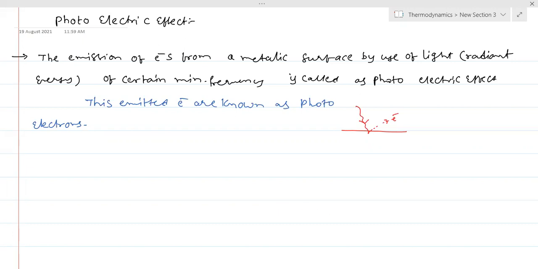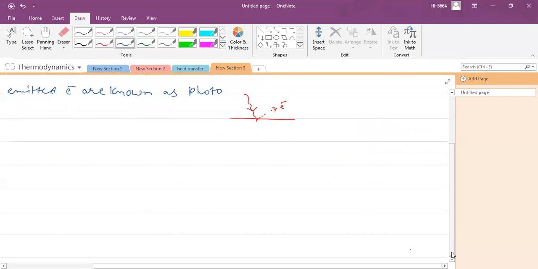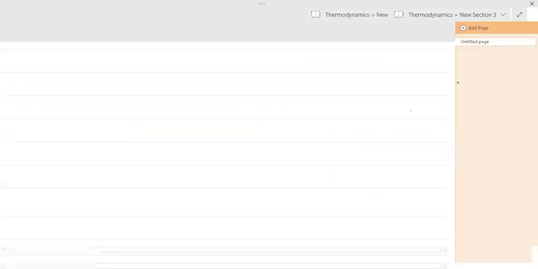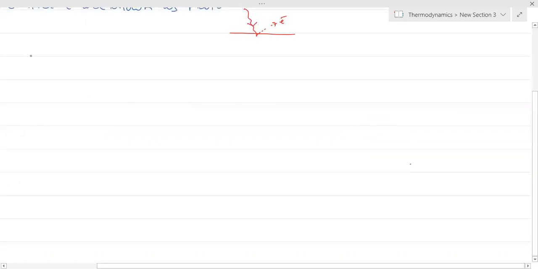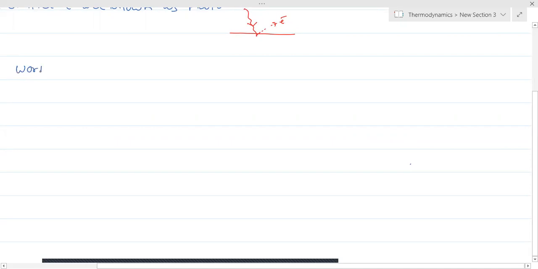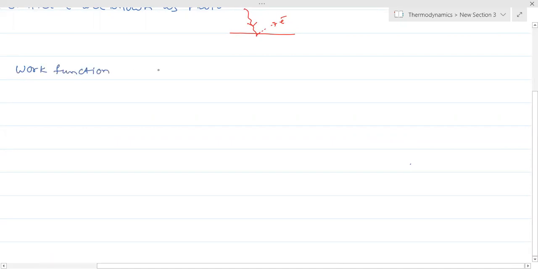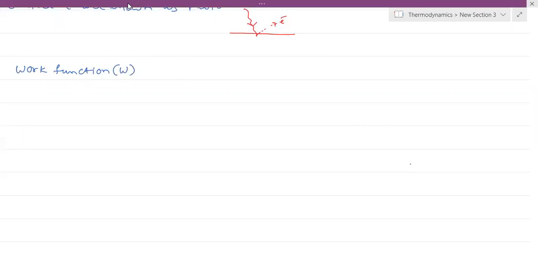Next, we think of work function. First you need to understand the basic terminology here. Work function: in physics we use the symbol W, and in chemistry we use phi.